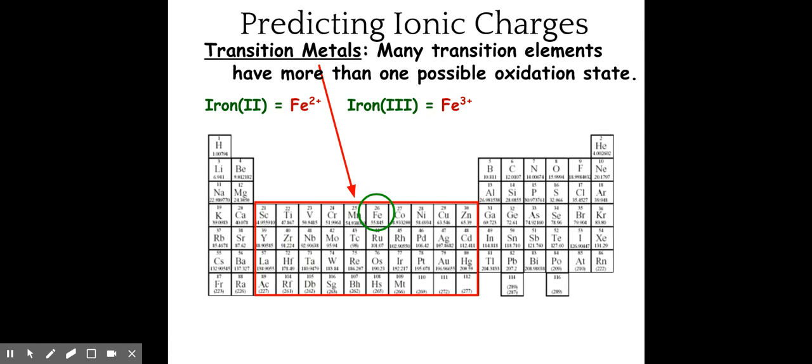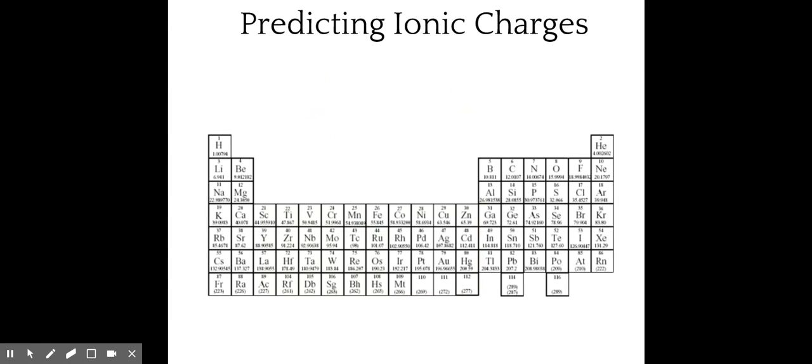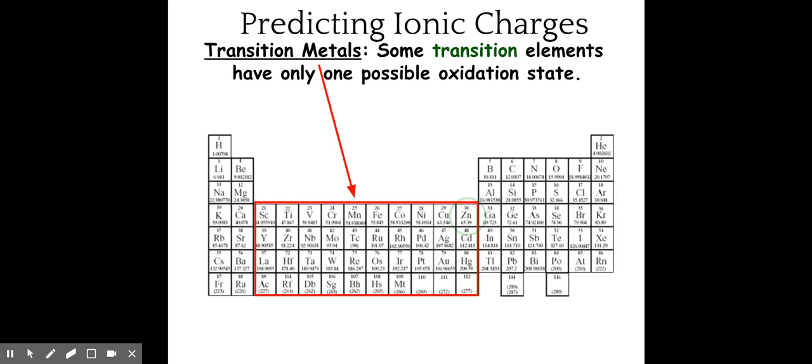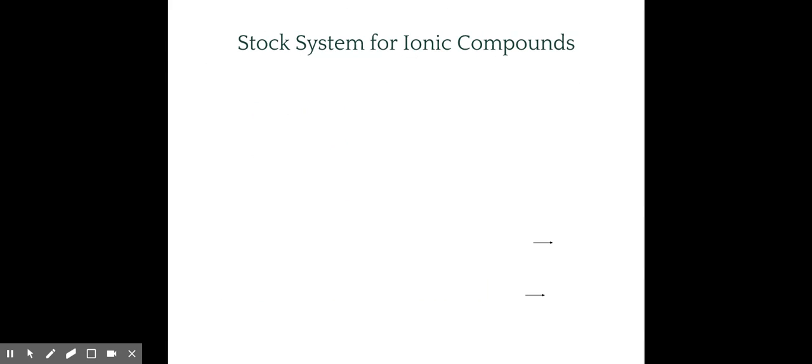Transition metals have multiple oxidation numbers, where main group elements only have one oxidation number. There are exceptions to that rule. Zinc and silver. Zinc will only have a charge of +2, and silver will have a charge of +1 only.